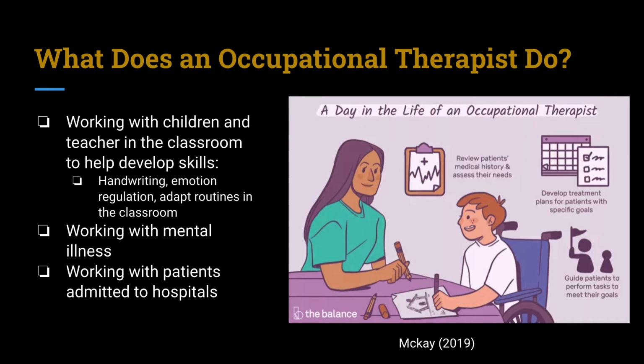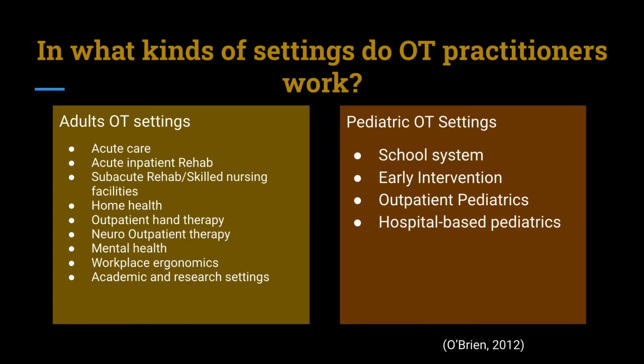So an OT would help these children engage in classroom activities. Also working with the mental illness population, and working with patients admitted to hospitals. These are just a few examples of what occupational therapy does every day.